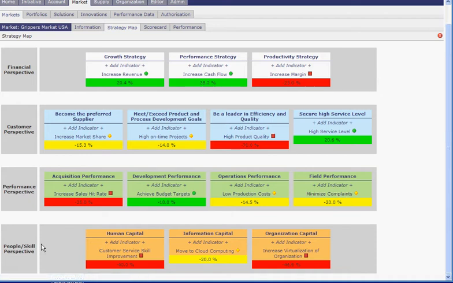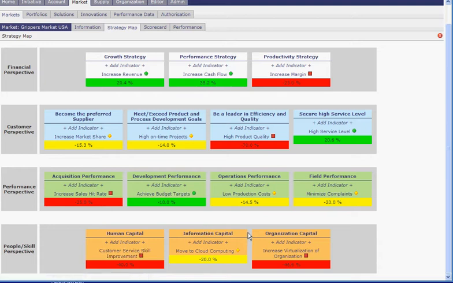Aligning intangible assets which drive the improvement in the strategic process is, I think, a very important layer. It is human capital. For instance, one objective for achieving the strategy could be improvement of customer service skills.